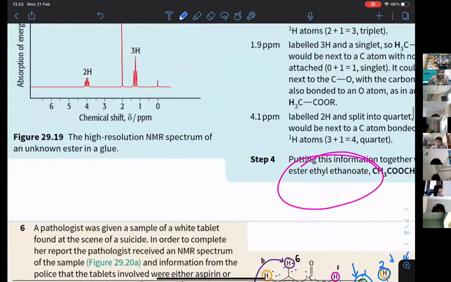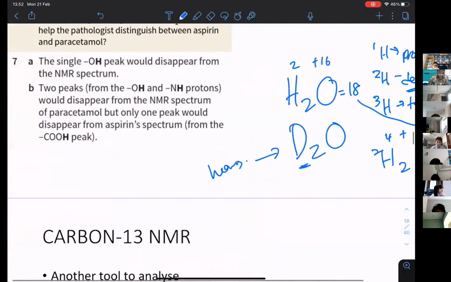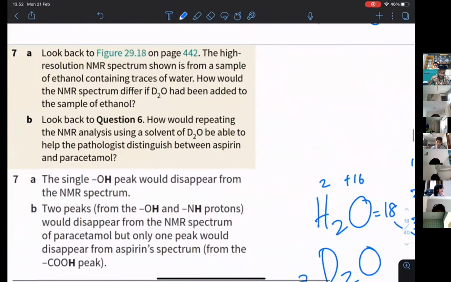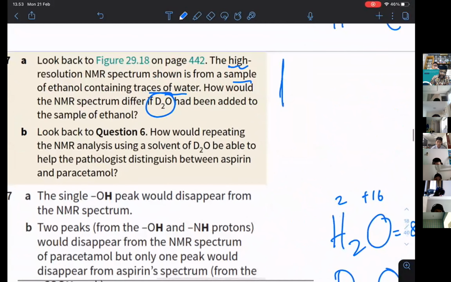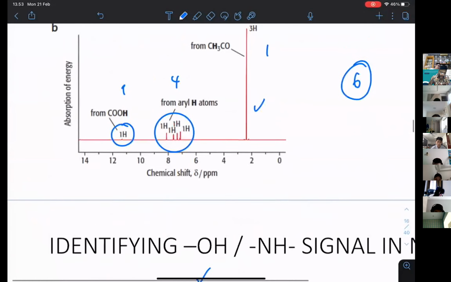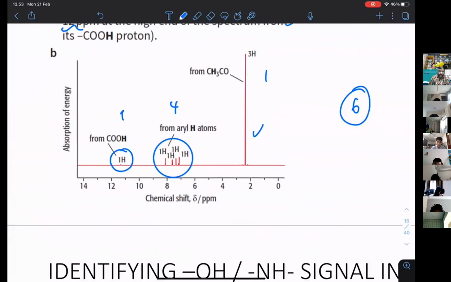So that is going to answer the question. If you look back at the figure, the high resolution, shown from a sample containing traces of water. So you see, they're talking about high resolution, and then how would the NMR spectrum differ if D2O, heavy water, is added? So the difference is, the single peak that appears for NH or the OH will disappear.